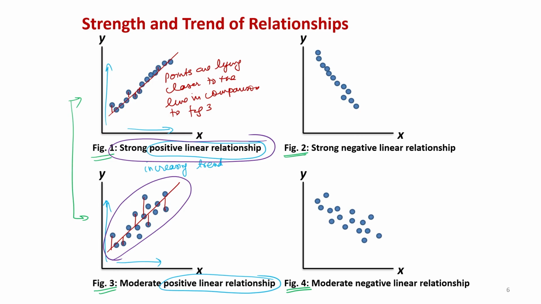Right. So, this is how we try to interpret the strong and moderate nature of the linear relationship.